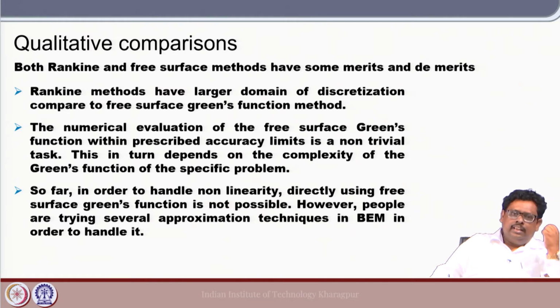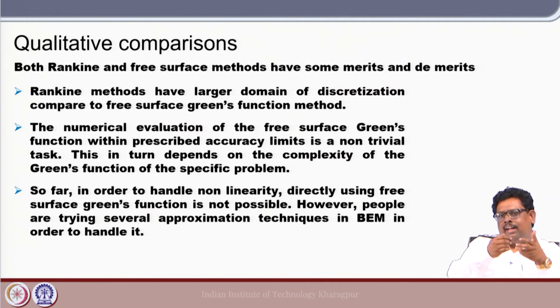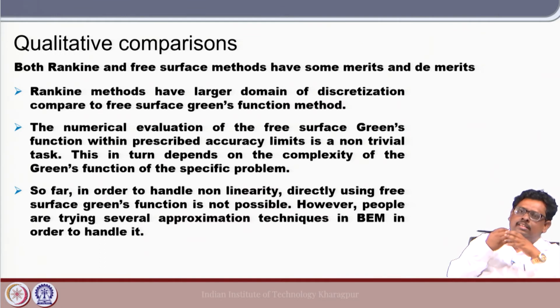However, there are several approximation techniques available in BEM to overcome this problem, as I said, when we discuss the forward speed problem. At that time we are going to discuss how we can handle it using the linear time domain Green's function, but still manage to include some kind of nonlinearity in the panel method solution.